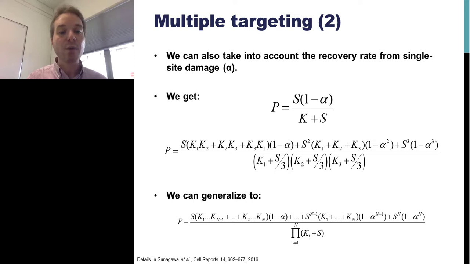So if we have 3 targets, we get the formula at the bottom, but we can generalize it to any number of targets, and we get that complex looking equation at the bottom, which might look slightly scary at first, but the interesting thing is that all these parameters, we can either measure them or just estimate them and just have simulations of what the expected efficiency will be.